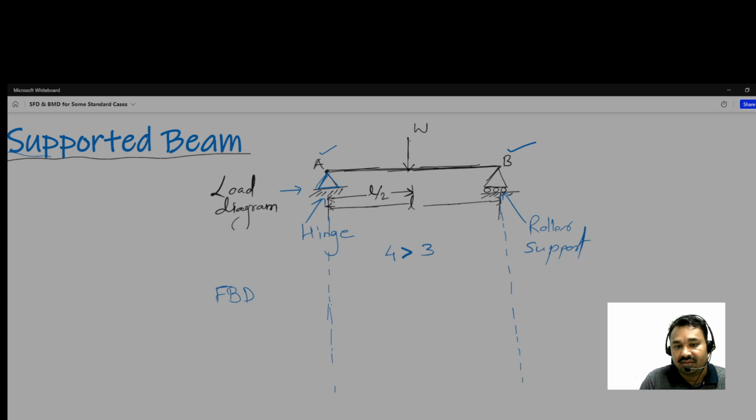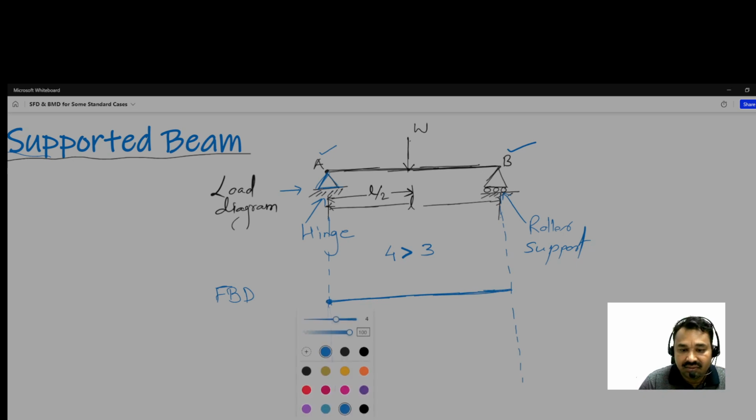And this is the beam of length L, and here now I'm showing the support reactions. So it is VA, support reaction VA, and this is also a support reaction.